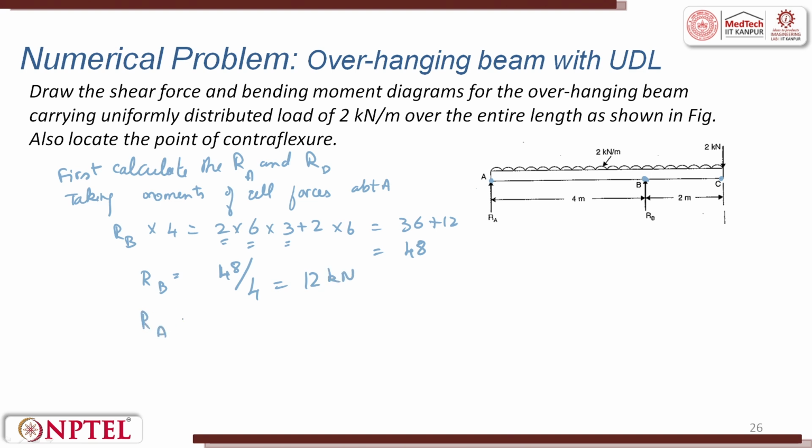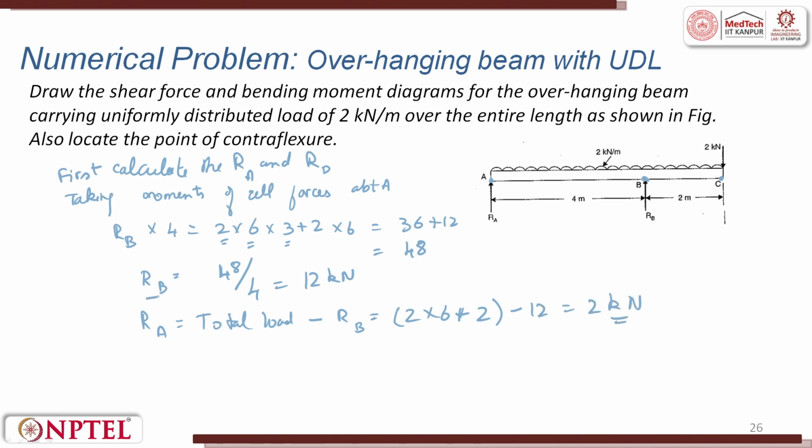So, RA is the total load minus RB, which is 2 into 6 plus 2, that is the total, minus 12, which is 2 kilonewton.